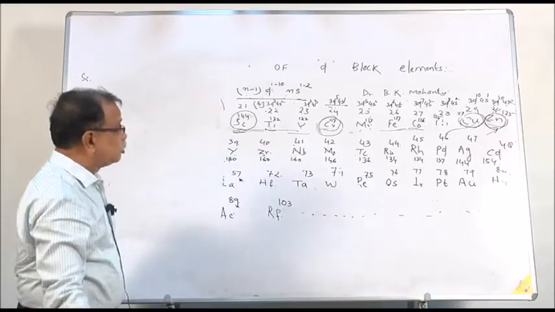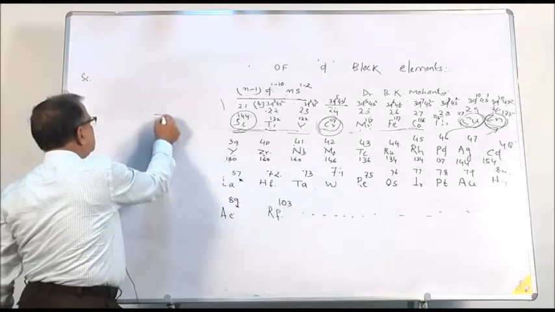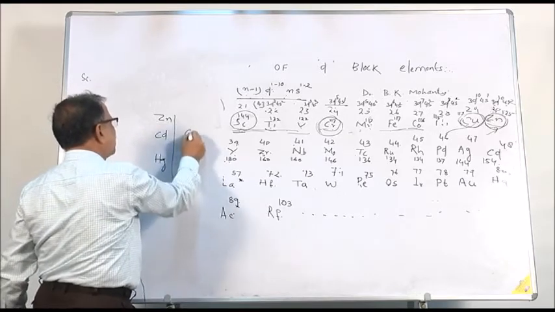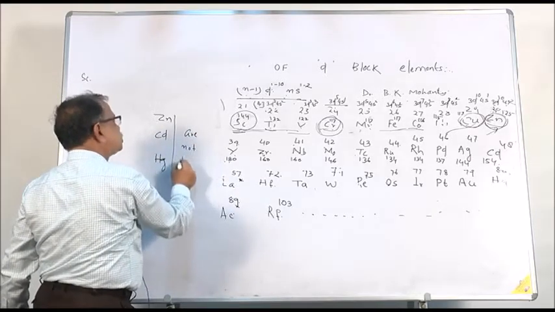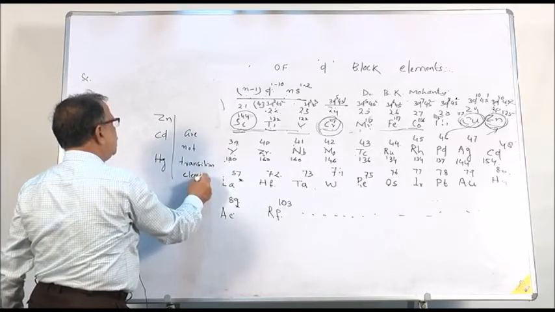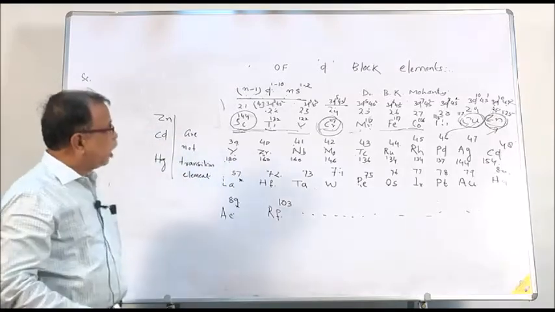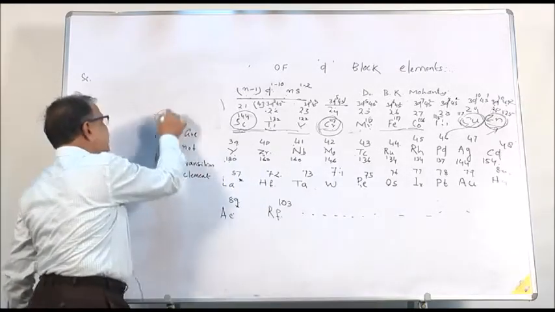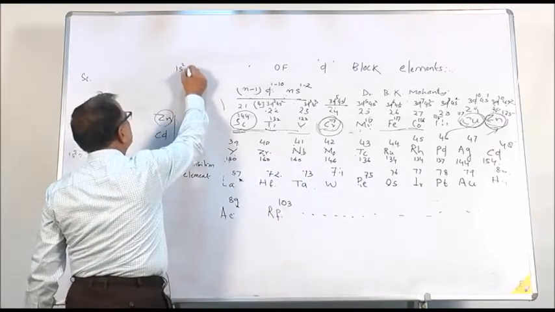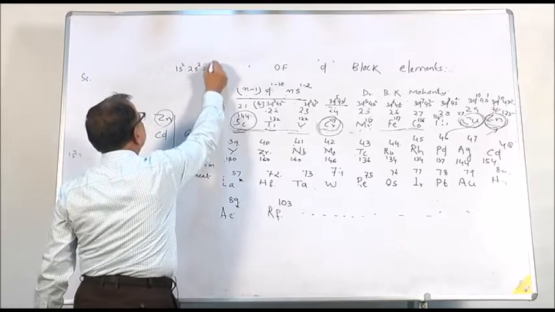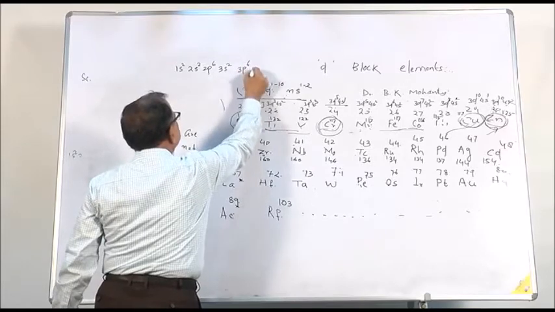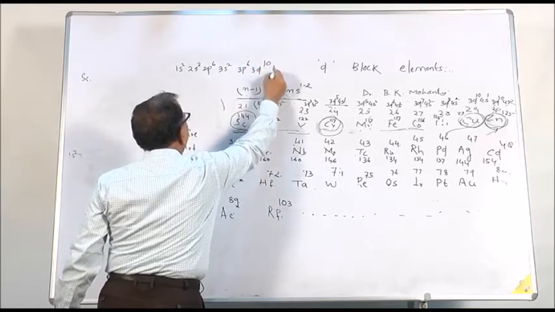A question is often asked: why are zinc, cadmium and mercury not transition elements? Zinc, atomic number 30, has the electron configuration 1s2, 2s2, 2p6, 3s2, 3p6, 3d10, 4s2.